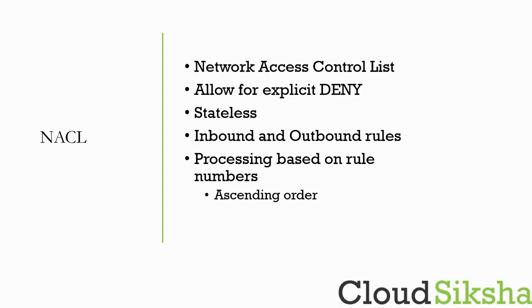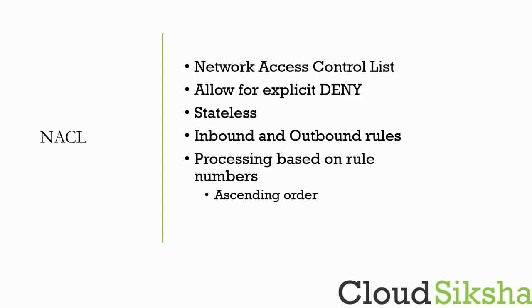Now, when it is a firewall at the subnet level, it has certain different properties compared to security groups. One of them is that the NACL, that's a firewall at the subnet level, allows for what is known as an explicit denial.